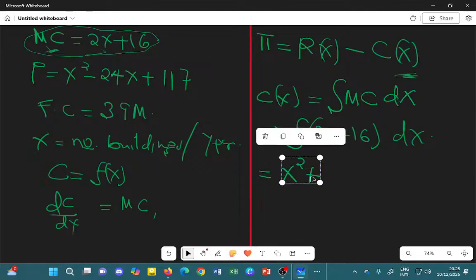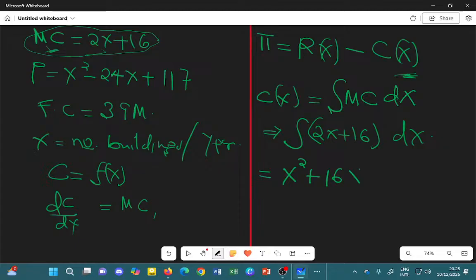So this will be x squared plus 16x plus c, the integration constant. Let's call it k in this case, because we have used c for cost.